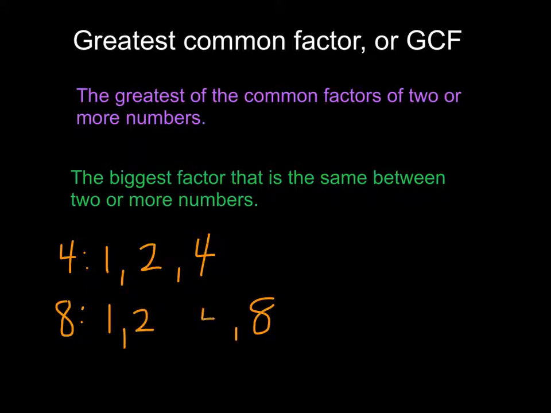Those would be factors. And now I find the greatest, or the biggest, same factor, or common factor. So 1s are common factors, 2s are common factors, 4s are common factors, but the greatest common factor would be 4. So our greatest common factor of those two numbers would be 4.